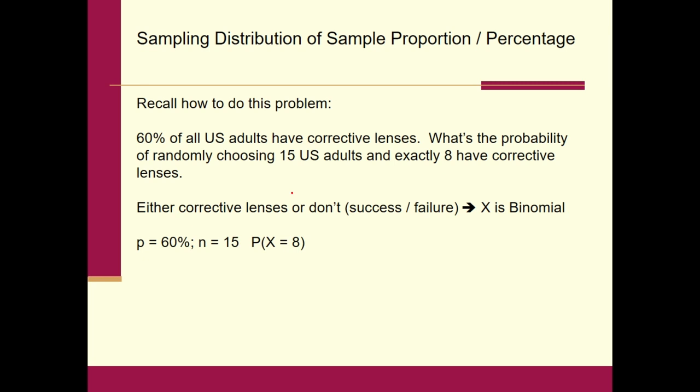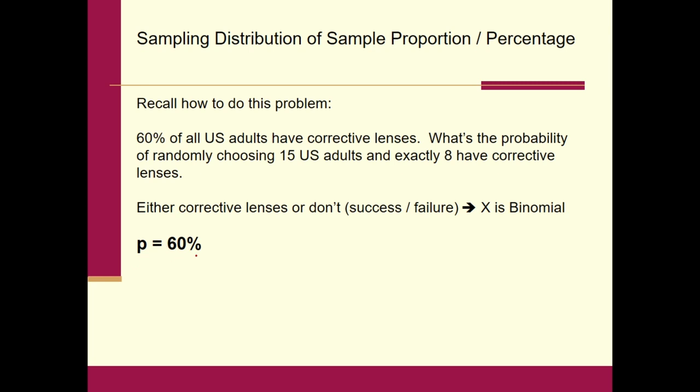And so we would have said, all right, let's see, we need the probability of success for one trial. We would have said 60%, P is equal to 60%, N is equal to what? 15, and probability of X is equal to 8, right? Because we're looking for exactly 8. Now, I don't want you to solve this, okay? That was back in Chapter 6. What I want you to pay attention to is that we said P was equal to 60%.